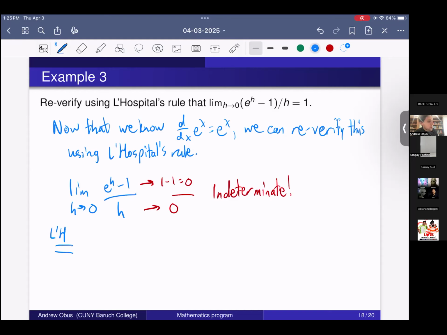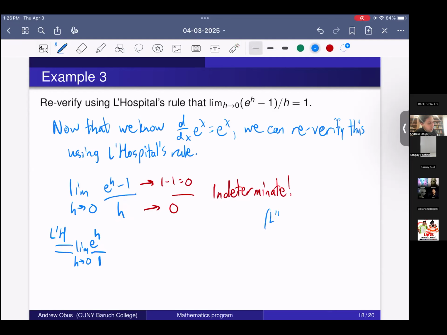So what's the derivative of e to the h minus 1 with respect to h? Well, e to the h is just e to the h. And the minus 1 just goes to 0. So you just have e to the h. So that's the limit as h approaches 0 of e to the h divided by, and now the derivative of the denominator, the derivative of h, is just 1, right?